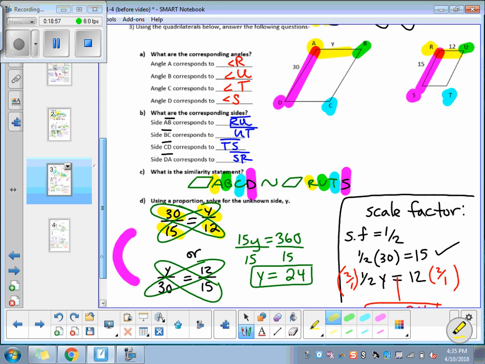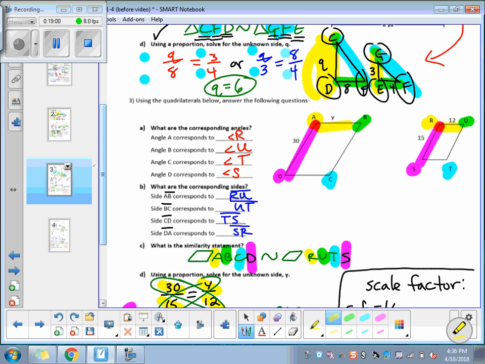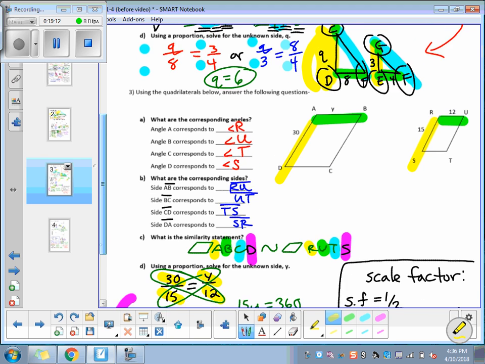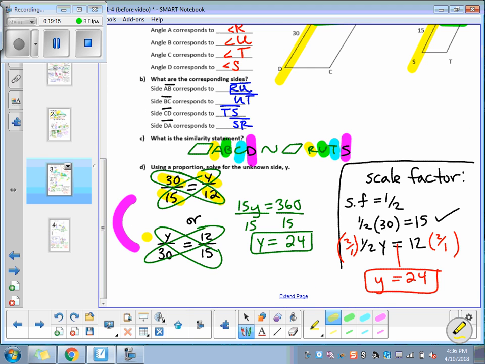Or some of you see that Y goes with 30, which means that 12 would go with the 15. Doesn't matter to me. Cross multiply and divide, and you're going to get a 24.